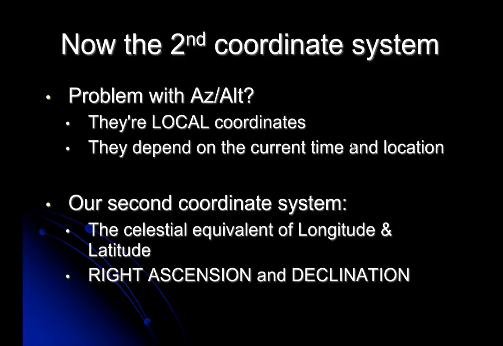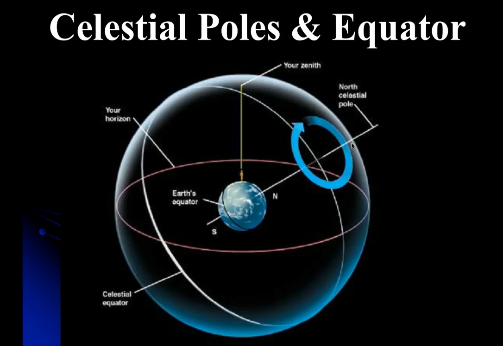They're looking into the southern sky and you're looking into the northern sky. Very different locations. And so we need something more generic that we can all utilize, and that's what we use with right ascension and declination.